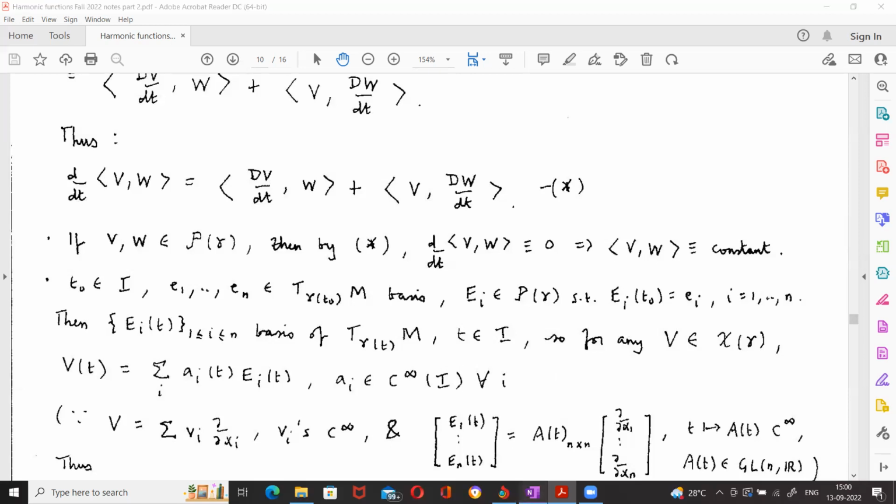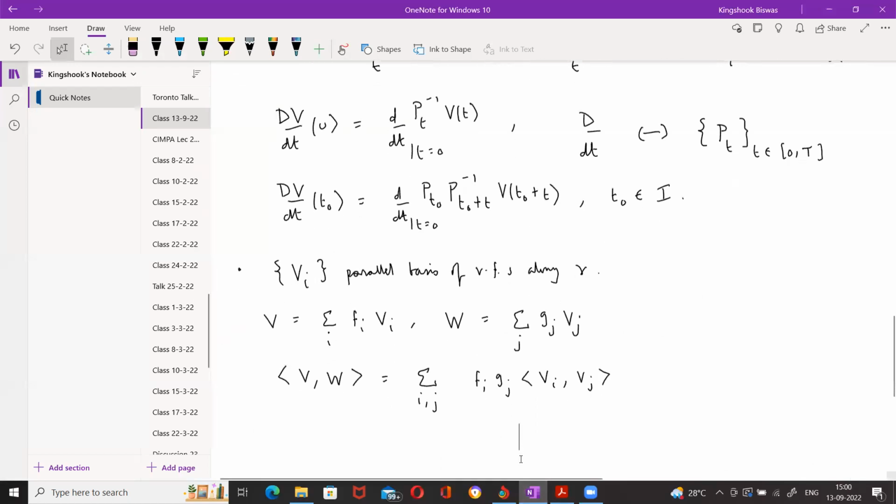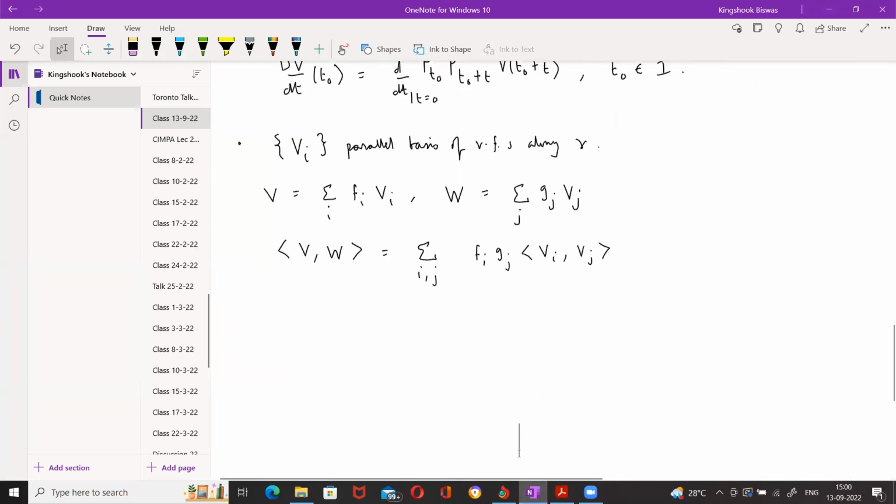So in this picture, if I have a pair of orthonormal vector fields, then parallel transport will take them to orthonormal vector fields.